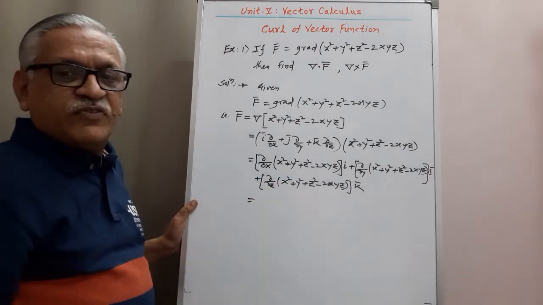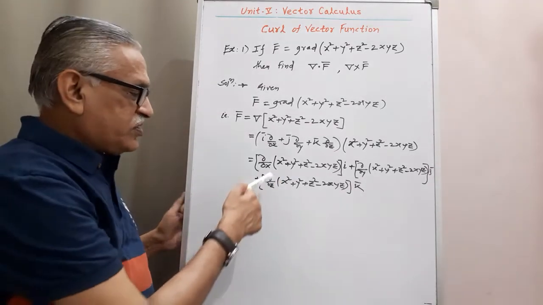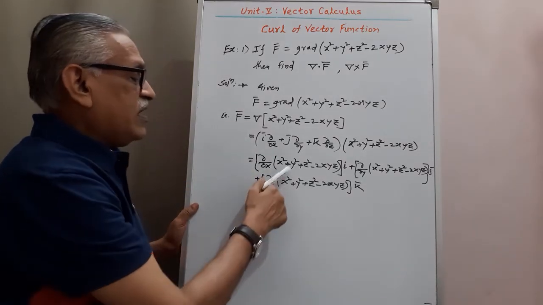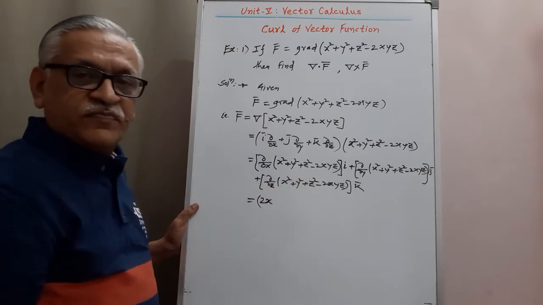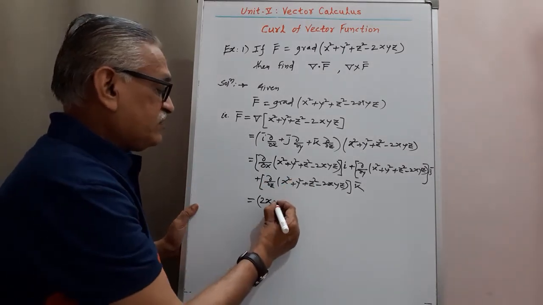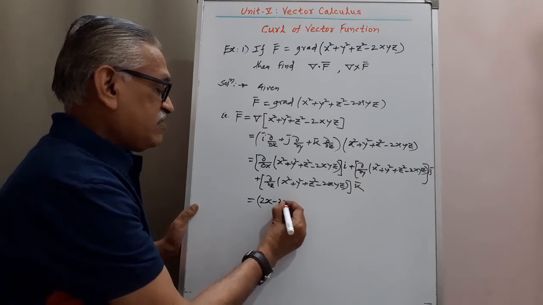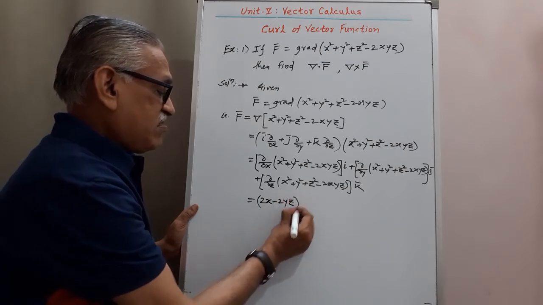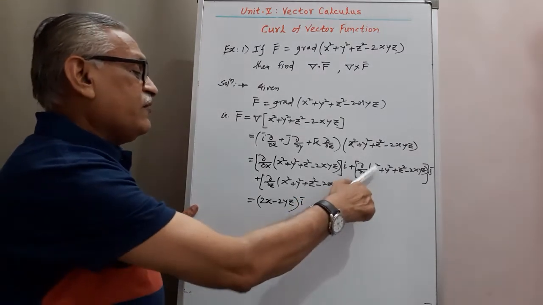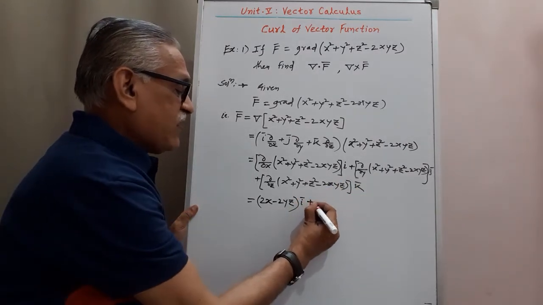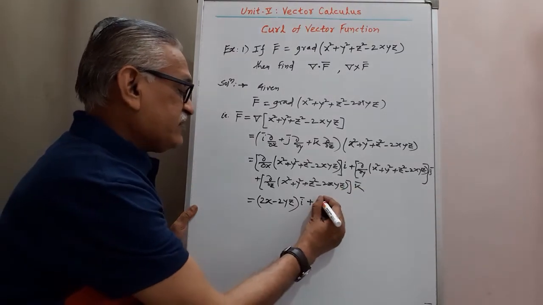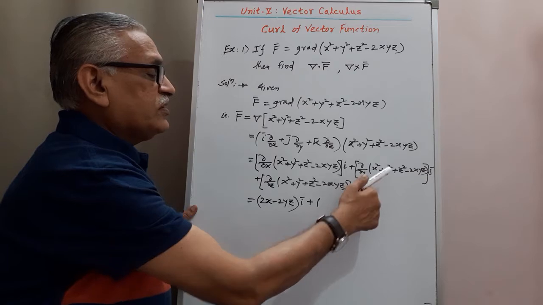And therefore we have differentiating each and every term with respect to x, keeping y and z constant. Therefore derivative of first term is 2x, derivative of second, third 0, and derivative of the last term with respect to x is minus 2yz into i. Then differentiating it with respect to y, keeping x and z constant, we get the derivative as 0 for this.